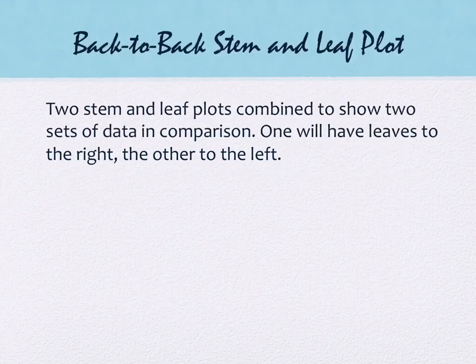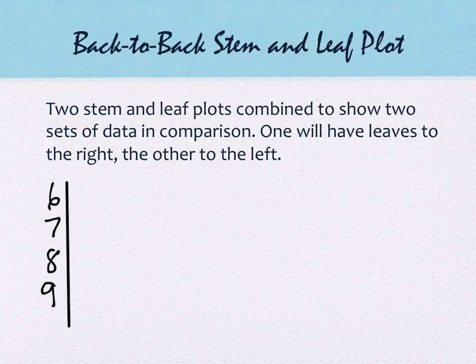So over here, I'm going to draw a stem and leaf plot, the first sketchy one that I was doing before, but I only need the data to go from 6, 7, 8, and 9. And we're going to write it in.